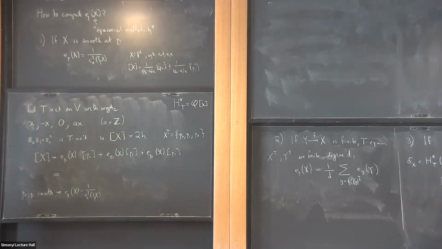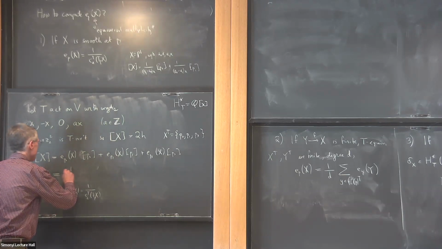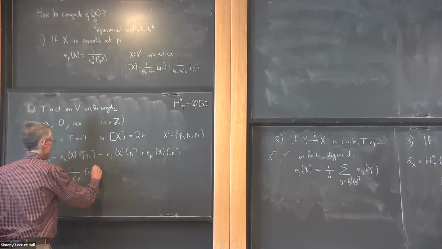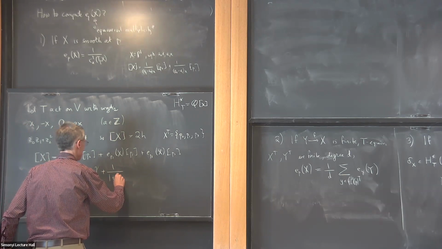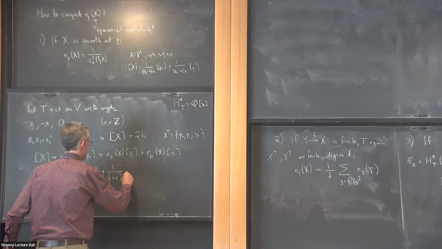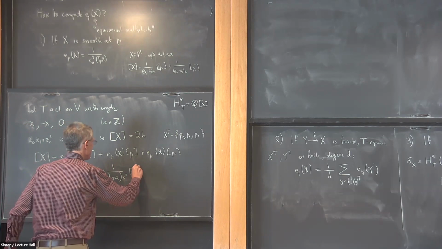I'll just tell you, it's going to be 1 over (1 minus a)x squared times P0, plus 1 over (1 plus a)x squared times P1.